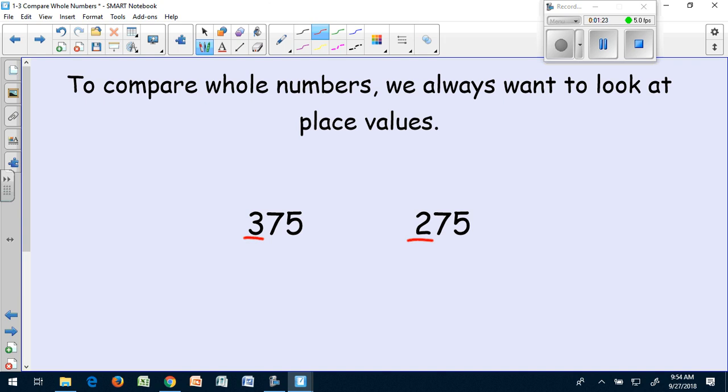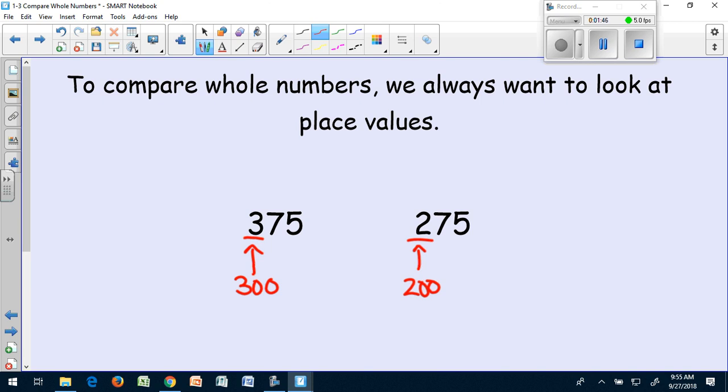The 3 in my hundreds place has a value of 300. The 2 in my hundreds place has a value of 200. So I know that the number 375 is going to be a larger number because the digit in the hundreds place has a higher value.